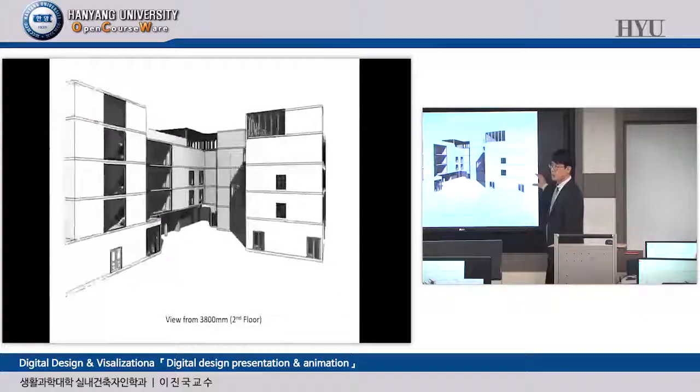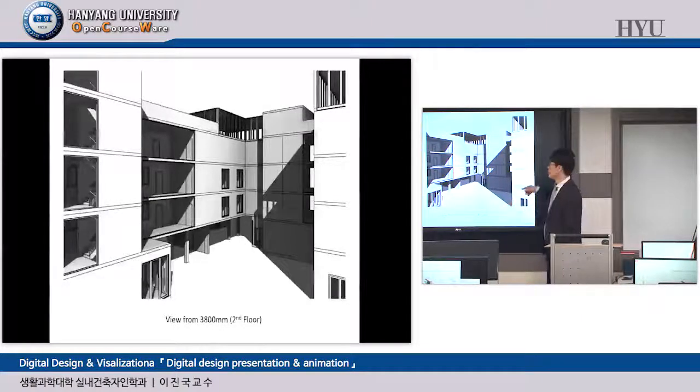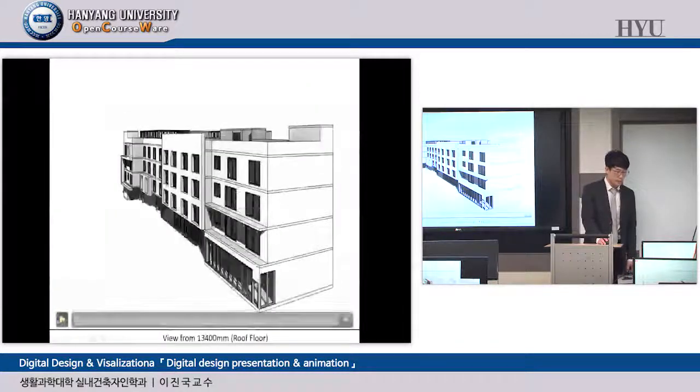Placing your camera and moving the camera, okay? But in Revit, just simply draw your walking path, and then Revit is going to export a movie following your moving path, okay? Very easy to create this kind of walkthrough movie, okay?